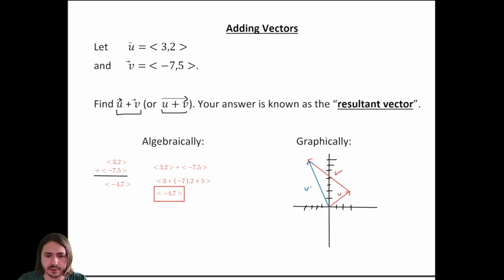If you're trying to figure out where that point is, it's at negative 4, 7. Because 3 plus negative 7 puts you at negative 4, and then 2 plus 5 more puts you at 7. So you can see that this point right here corresponds to the terminal point of the resultant vector.